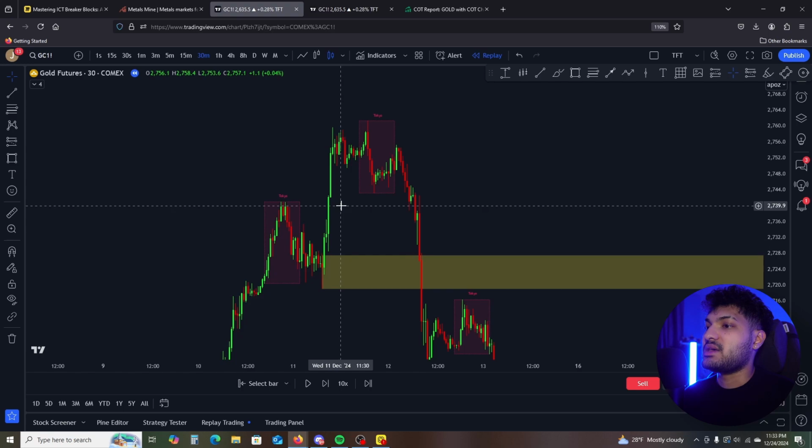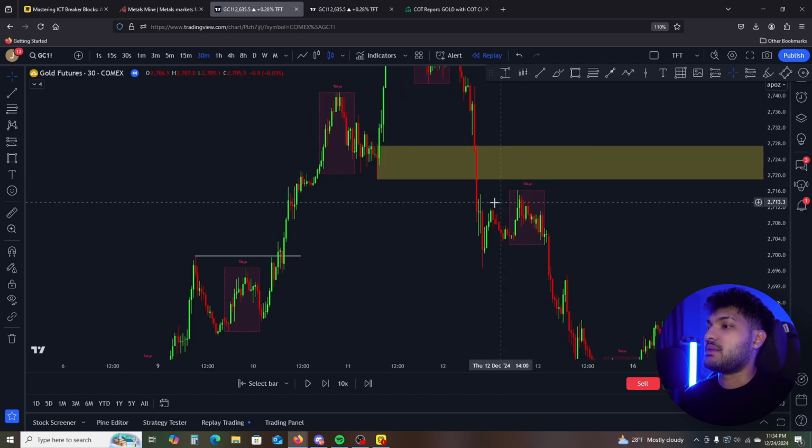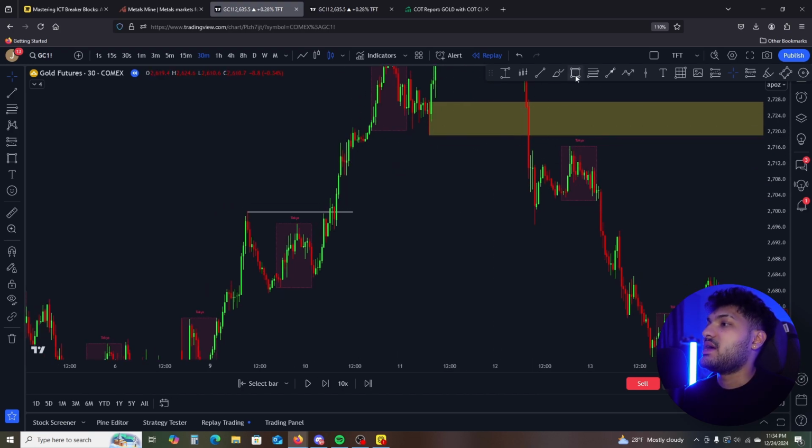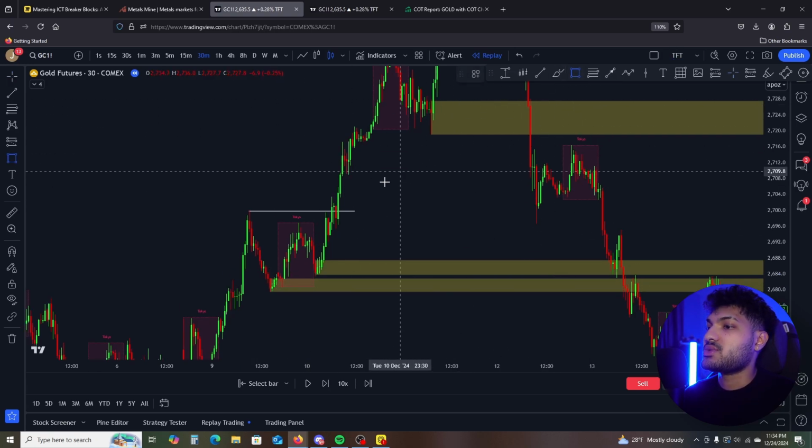So in this case, you don't really see any recent red candles that closed above this high right here. So this is obviously going to be your order block, which then becomes your breaker block when it gets displaced through. Now in this case, it's hard to say, do you want to use this red candle, this order block, or this order block?